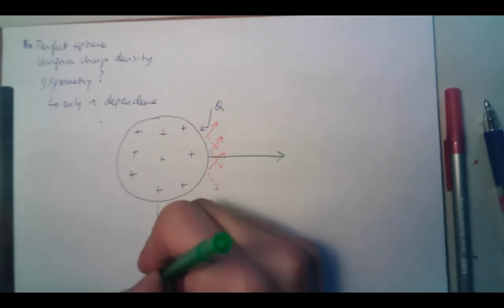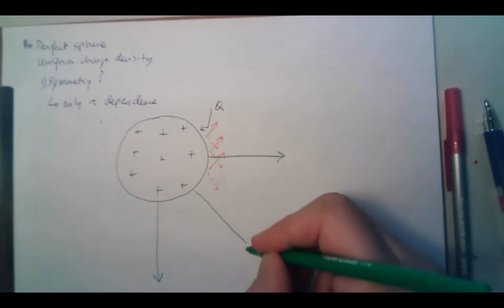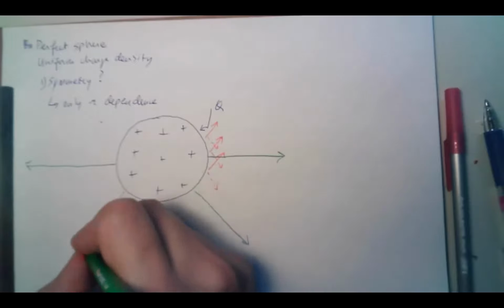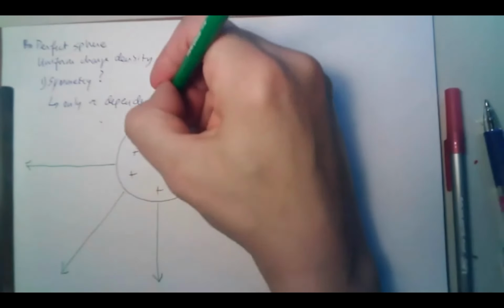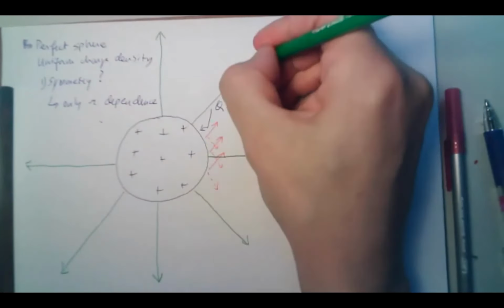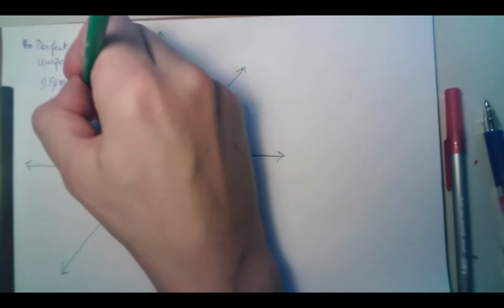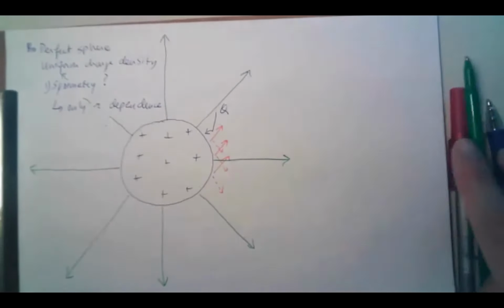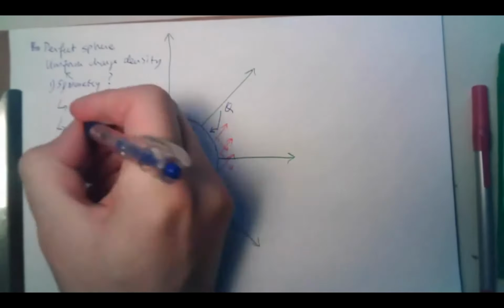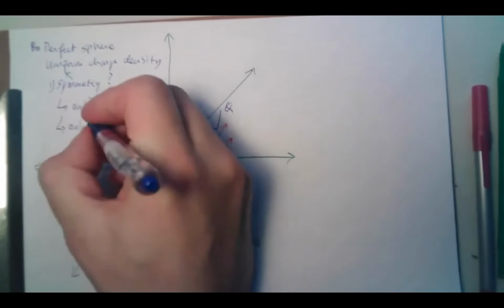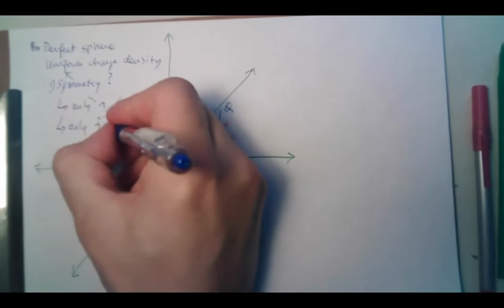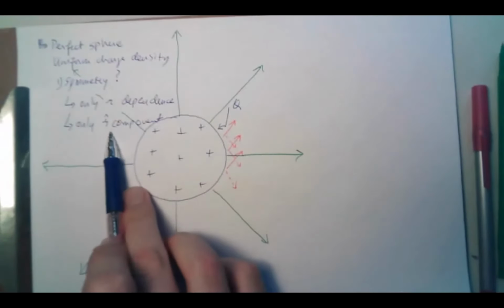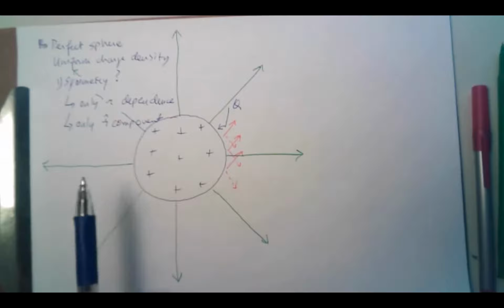Now, we knew this already, but it's always good to see that the symmetry tells you this is really the only thing you're allowed to do. Okay, so not only do we have only R dependence, we can also have only an R component. R dependence and R components are important.